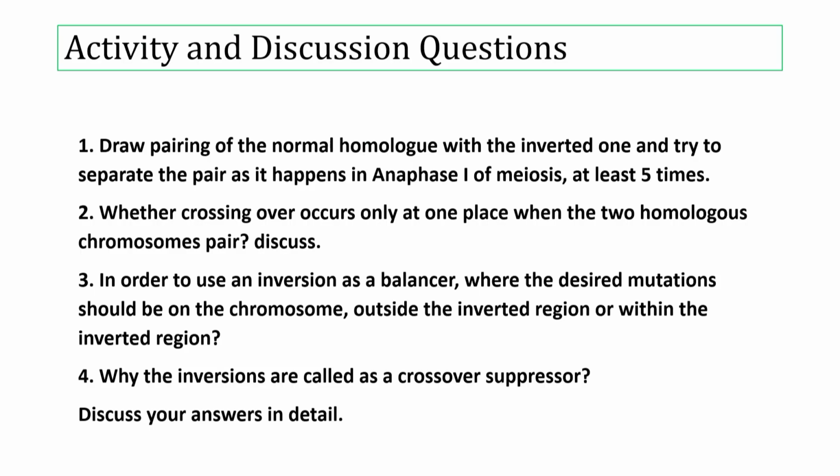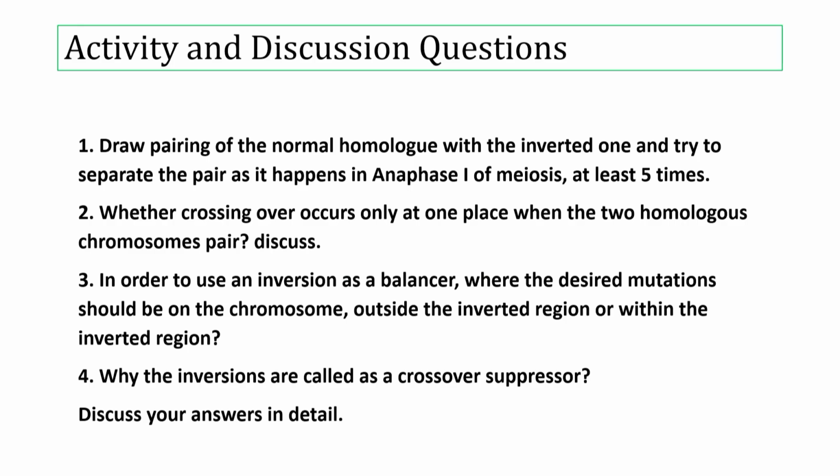So with this I come to the discussion. I will suggest that you draw the pairing of the normal homologue with the inverted one and try to separate the pair as it happens in anaphase 1 of meiosis, at least 5 times. This is your exercise. Whether crossing over occurs only at one place when the two homologous chromosomes pair, that you have to discuss.